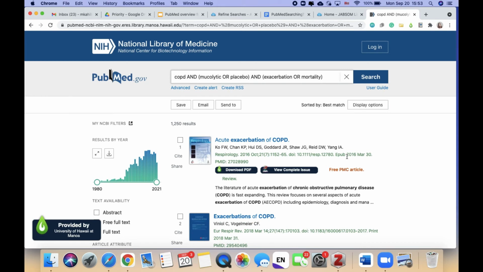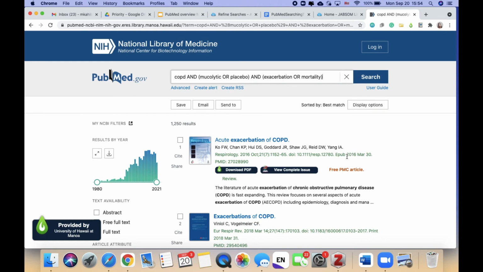Another way you might know you've exhausted your search is if you've tried different terms and you're still seeing pretty much the same results coming up. It's a good indication that you're probably in a pretty good spot with the search.